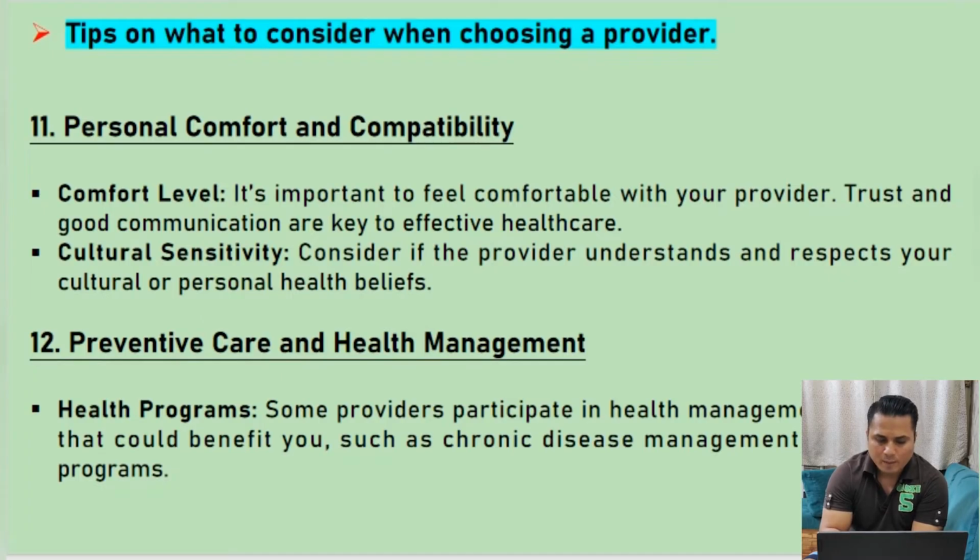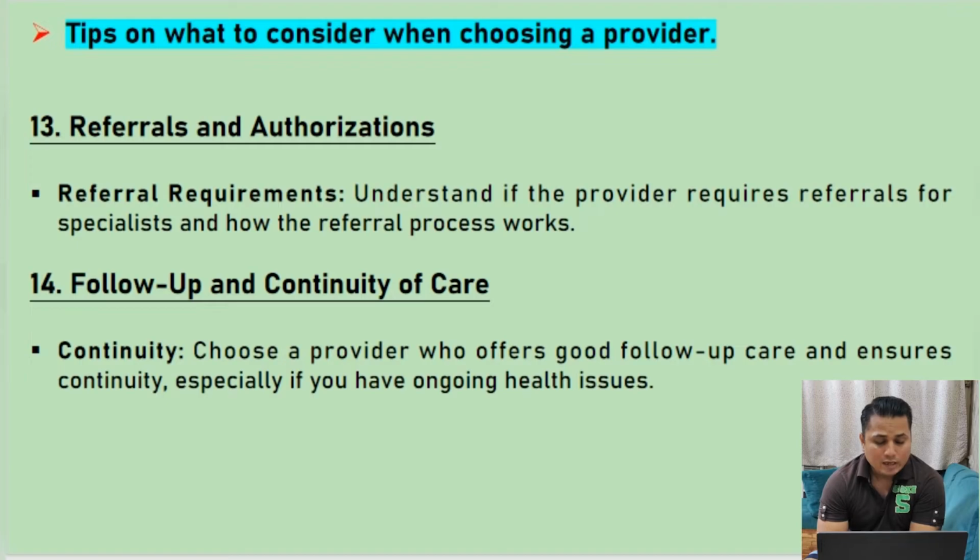Number twelve, preventive care and health management. Health programs: some providers participate in health management programs that could benefit you, such as chronic disease management or wellness programs. Number thirteen, referrals and authorizations.